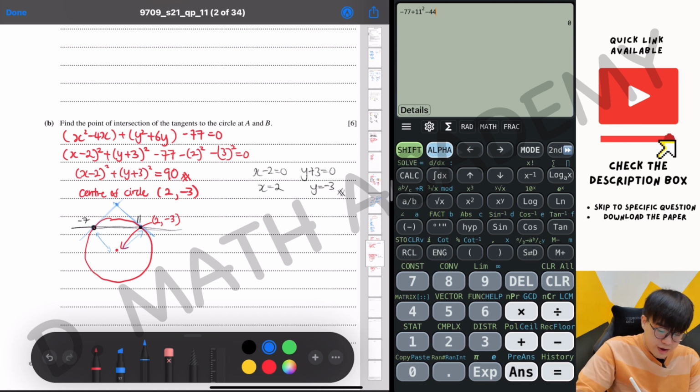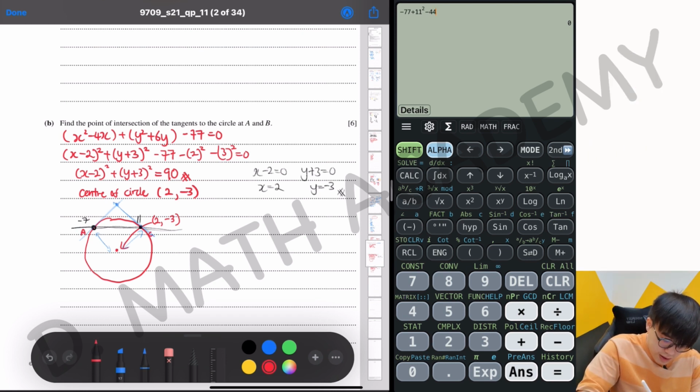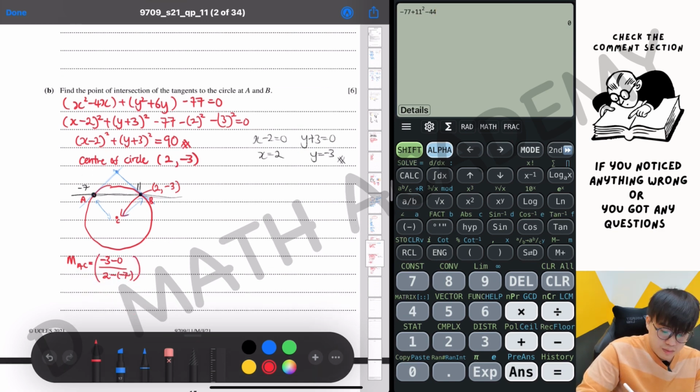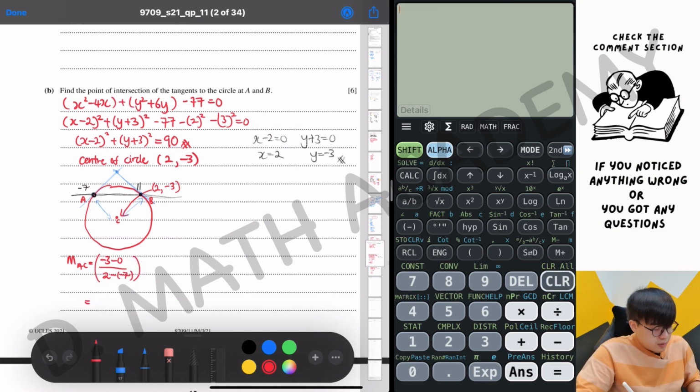So find the gradient of, let's say this is A, this is C, A and B, this is your C here. MAC is actually negative 3, 0 over 2 minus 7. So let's see what's the answers that we gotten.